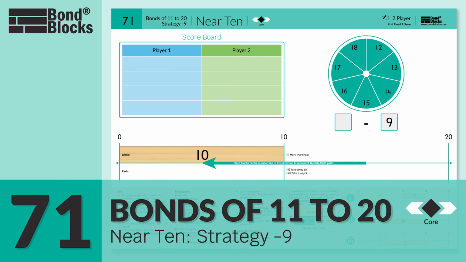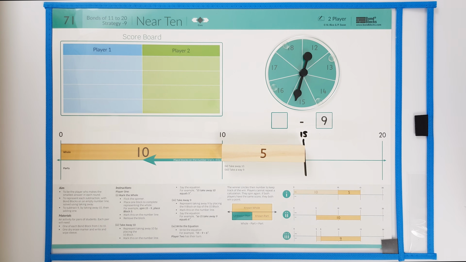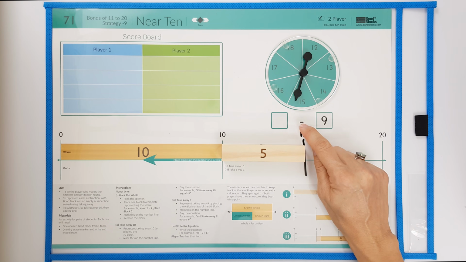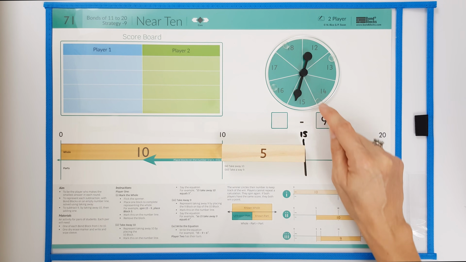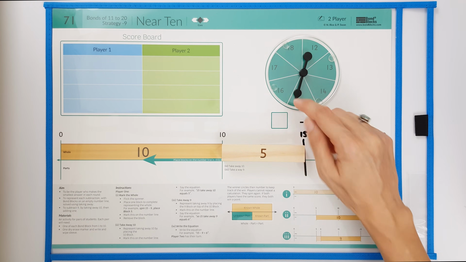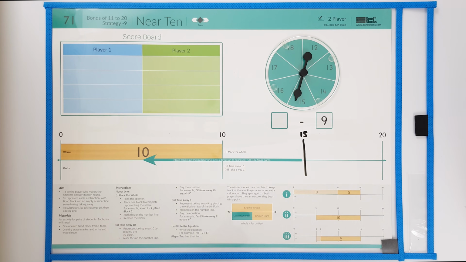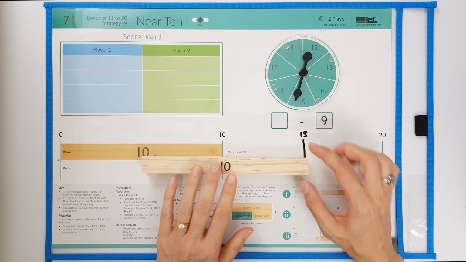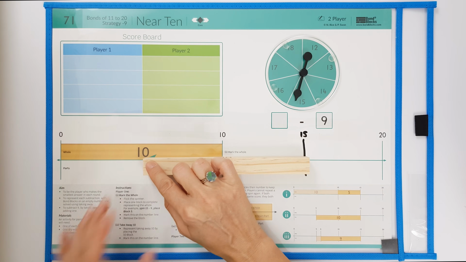Welcome to Activity 71. In this activity, we are going to develop the strategy of taking away 9 for wholes that are in the teens by first taking away 10.